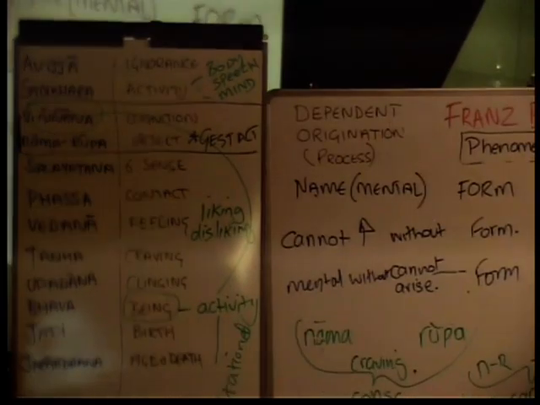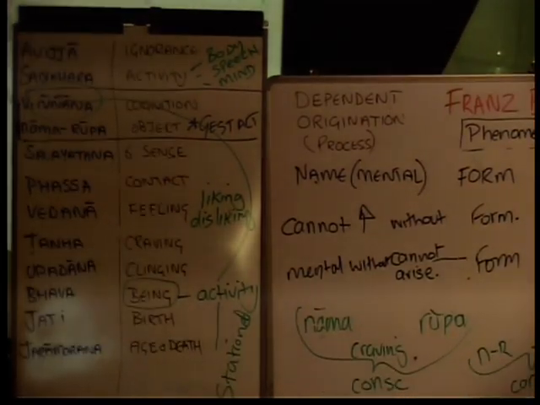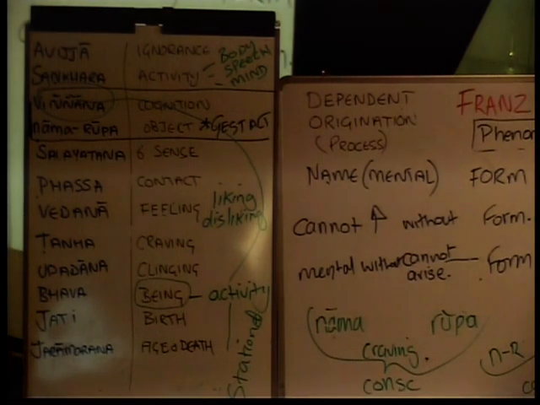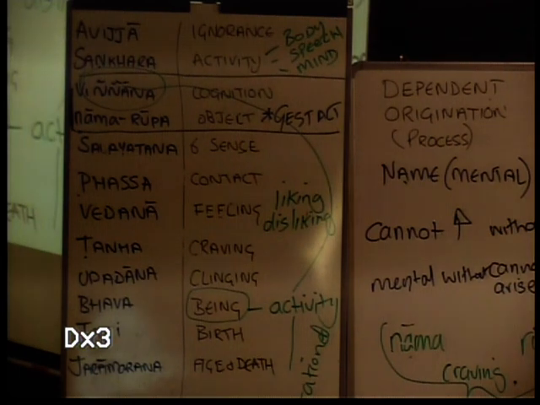So one of the traditional ways to interpret this teaching is that the first 4 links are the previous lifetime until you get born. Nama Rupa is when you go into the womb. And then after that, you get Salayatana, you get 6 senses. But it's very difficult to justify that.